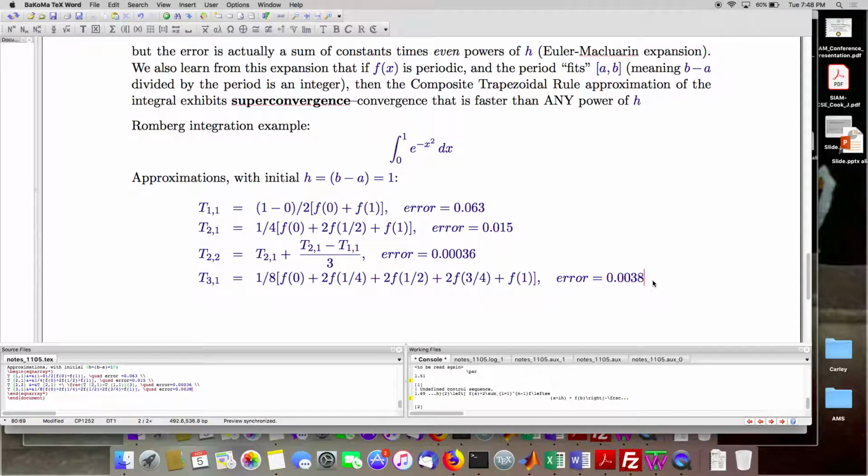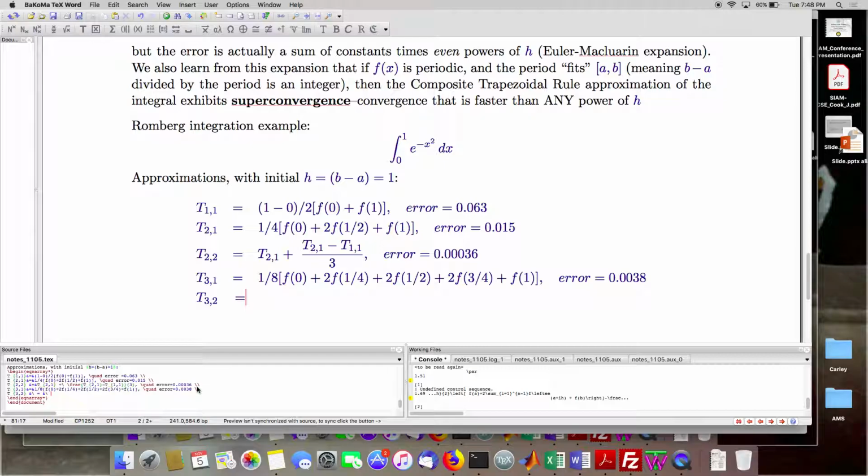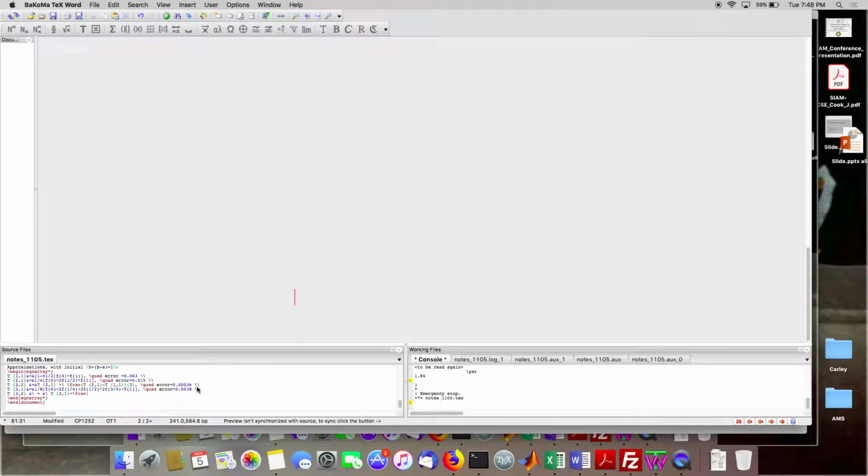Okay. Now I can take 2,1 and 3,1 and extrapolate between them. So that would give me T32. So that'd be T31. Notice the index patterns here.